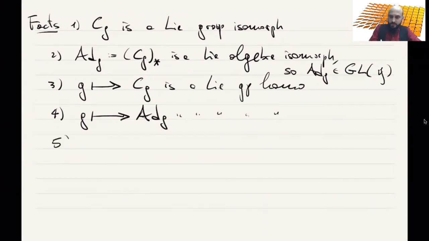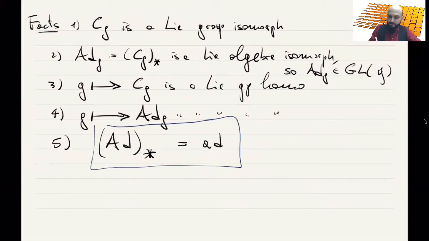Therefore, one can consider the Lie algebra homomorphism associated to this map. And one can prove that this is really little ad. So this is a very important formula. It's not obvious from the definition, one should prove it. I'm not going to prove it.